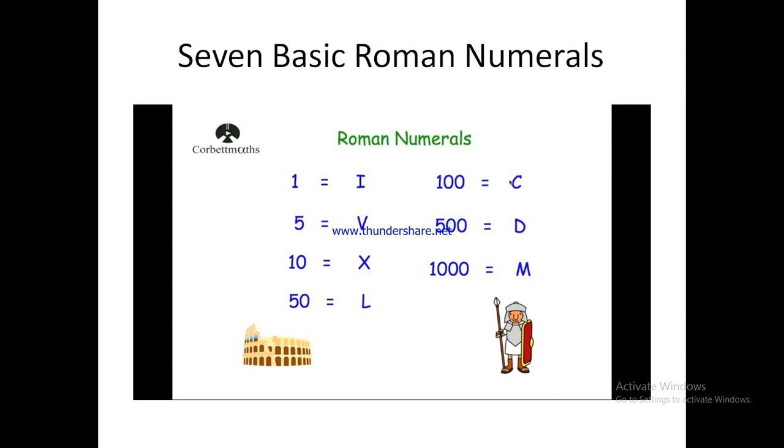So there are 7 basic Roman numerals. What are they, children?